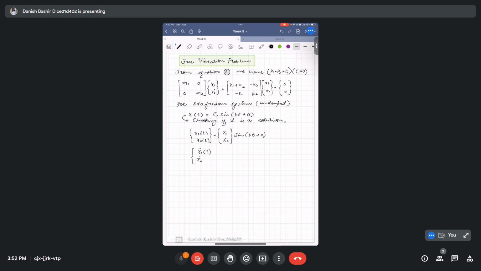If you differentiate this equation twice, the acceleration will be the amplitudes x1, x2 times minus p square sine of pt plus alpha, where p is the natural frequency, given by the square root of the stiffness of the system divided by the mass of the system. So if we substitute, this is equation 3. So we assumed equation 4 and we got this equation 5.